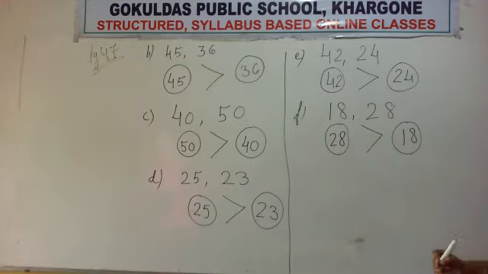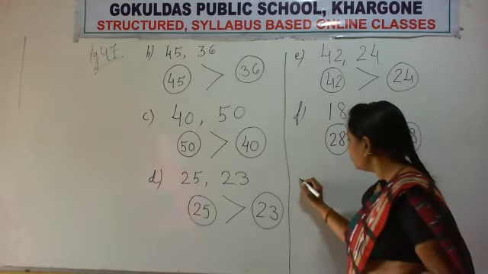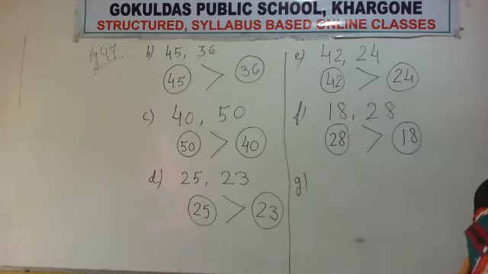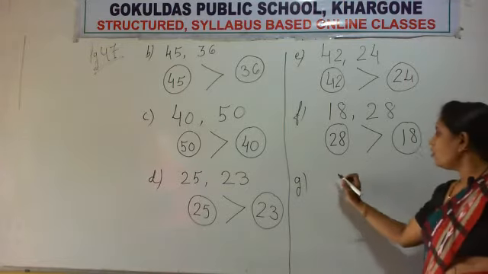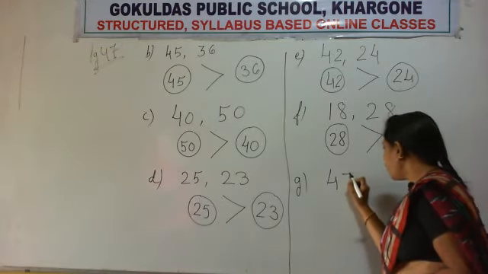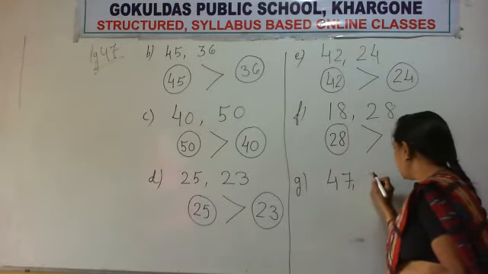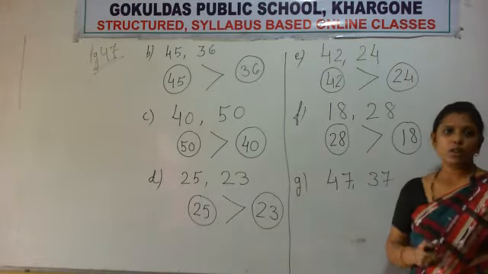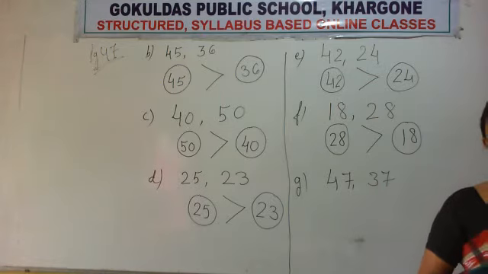Now the next question, G. Numbers are 47 and 37. These two numbers are given.